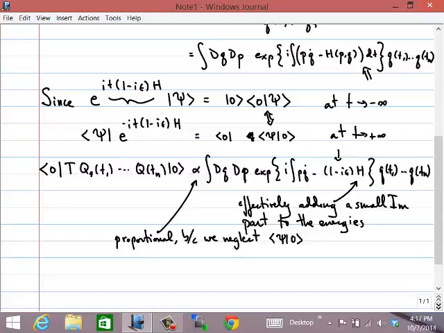So for example, if you had some operator q, it would evolve as e to the minus i ht q e to the plus i ht. So you're right, there should be a minus sign there. And indeed, you can see that will give you an overall factor of e to the minus t epsilon h, which as t goes to plus infinity will vanish unless h is equal to 0.